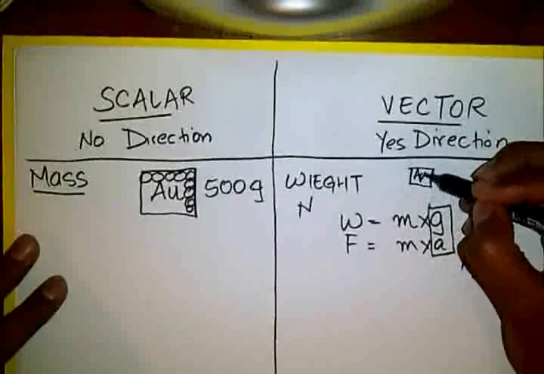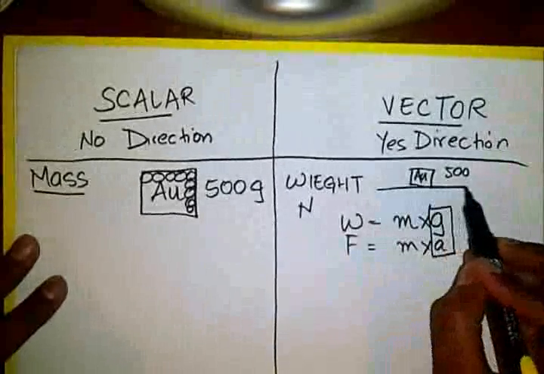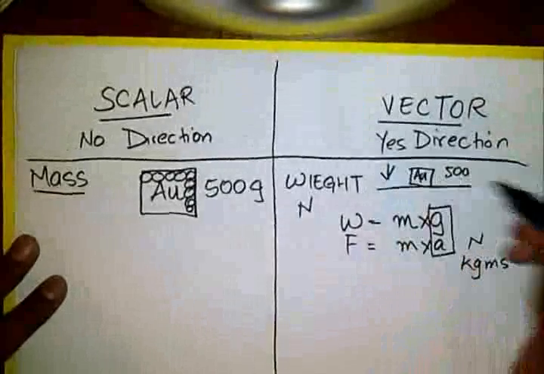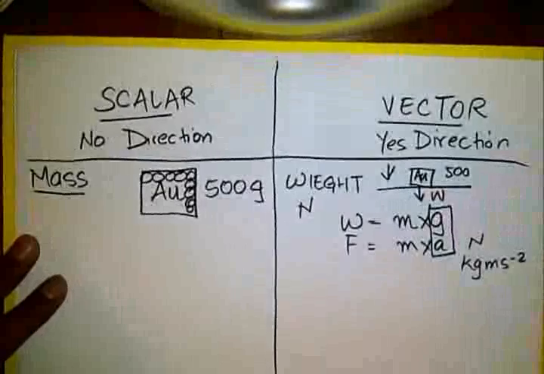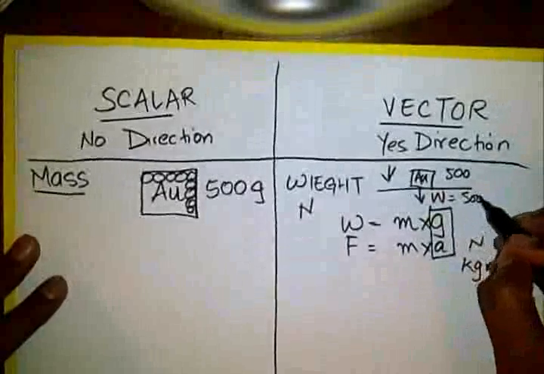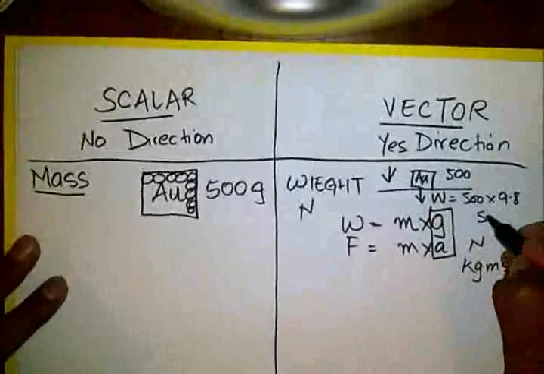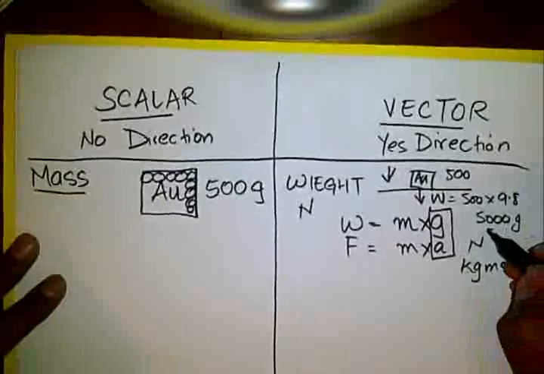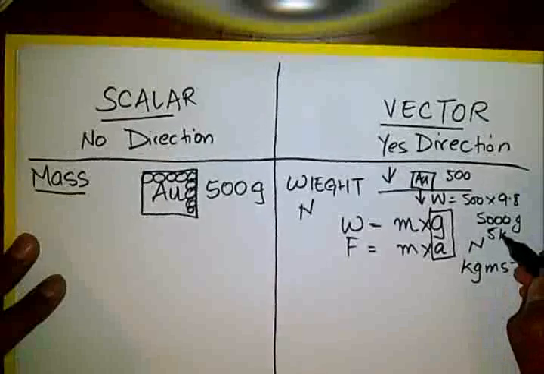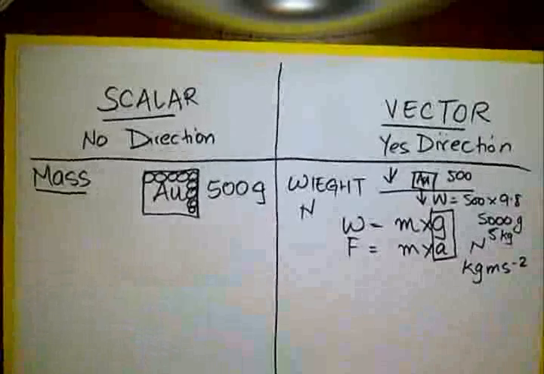If I took my same block of gold, that's 500 grams, and it's sitting on something, gravity is acting downwards, so we have weight acting downwards. This would be 500 times 9.8. We could just round that off as 10, so we have 5,000 grams, which is 5 kilograms. Yep, 5 kilograms. So that's a heavy block of gold.